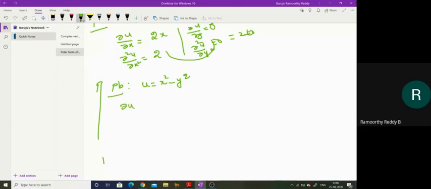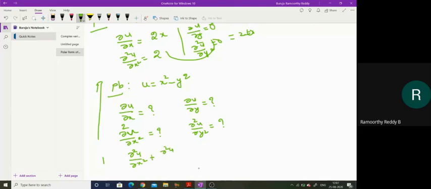So that means you have to find dou u by dou x, dou u by dou y, dou square u by dou x square, dou square u by dou y square. Then what is dou square u by dou x square plus dou square u by dou y square? If it is 0, then we say that it is harmonic.